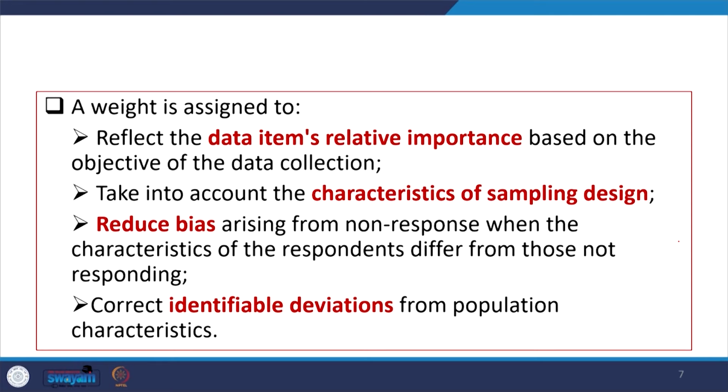This also helps in reducing biases arising from non-response, when the characteristics of the respondents differ from those not responding. So, it gives relative importance to some of the sections, it helps in proper designing as per the expectations, and this also helps in correcting identifiable deviations from the population characteristics. If there are some deviations from the population, since it is not representing correctly, your weight may lead to representing this in a better way.